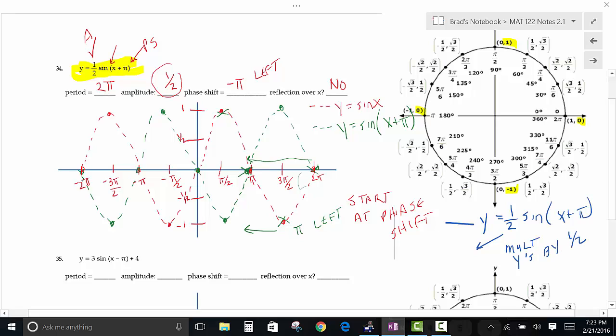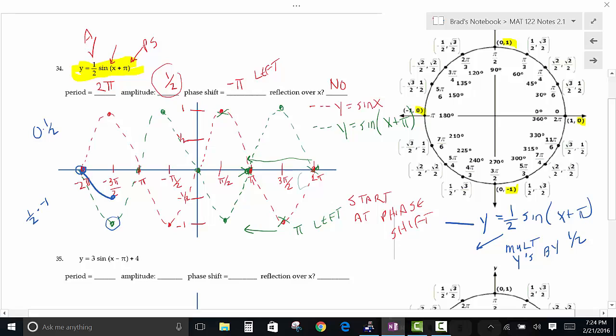Okay, so let's start with any of these points on the green graph here. Let's start over here. If you take this point right here and multiply that by 1/2, the y value 0, 0 times 1/2 is still 0. That point's not affected. If you take this point, you're taking 1/2 times -1, so that goes up to this point. So you're doing like a kind of a vertical shrink.